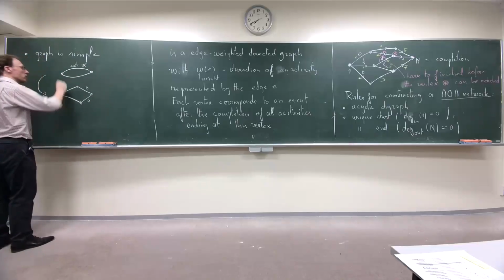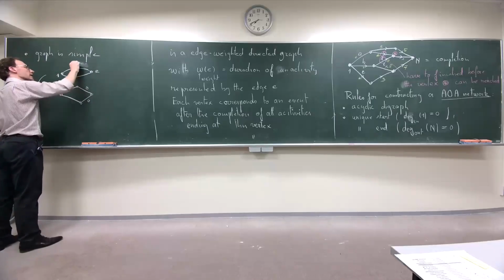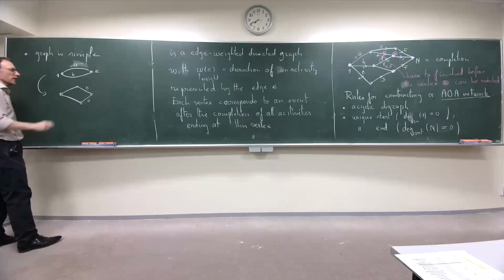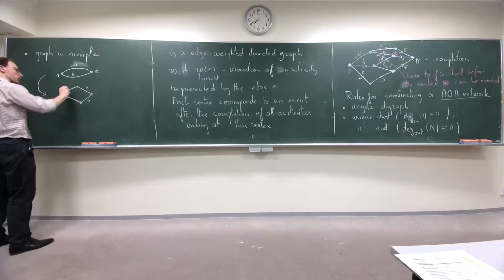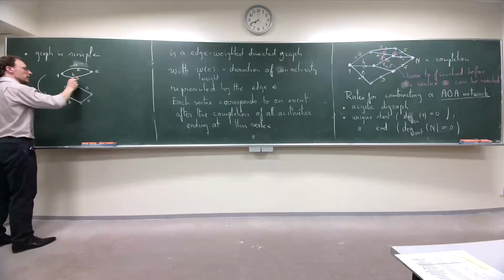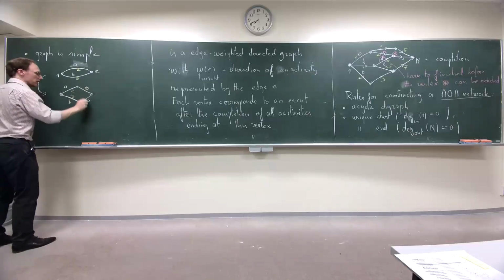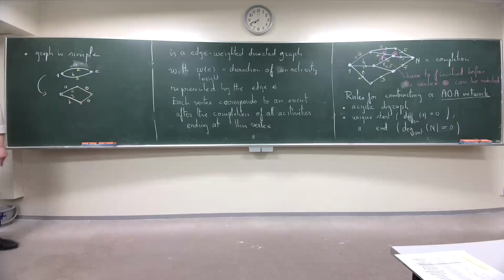So let's say you have to go from 1 to 2, and this is A and B, the activity A, the activity B. Then what I do, I put A here, B here, with current time, 2 hours, 3 hours, and I add 0 time here and 0 time there. So if I do this small trick, I put dummy vertices, then I end up with a simple graph.